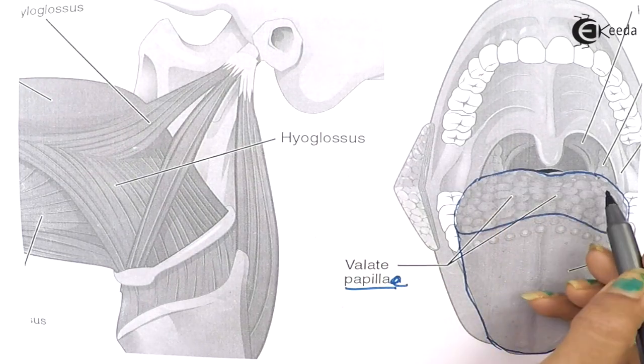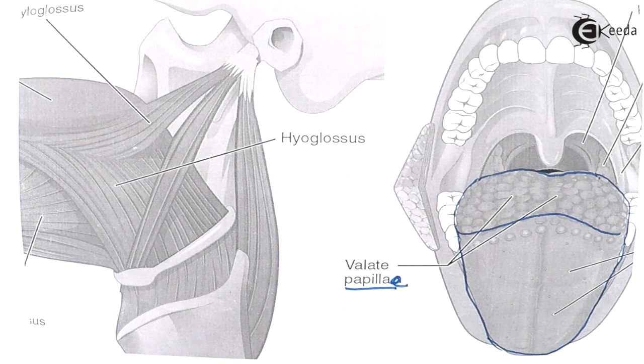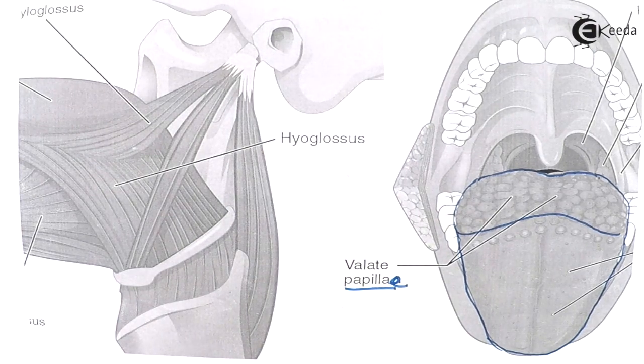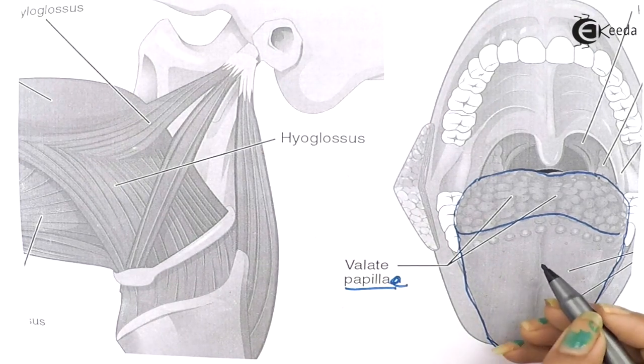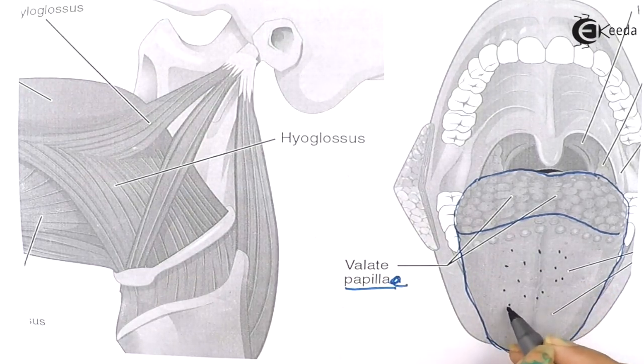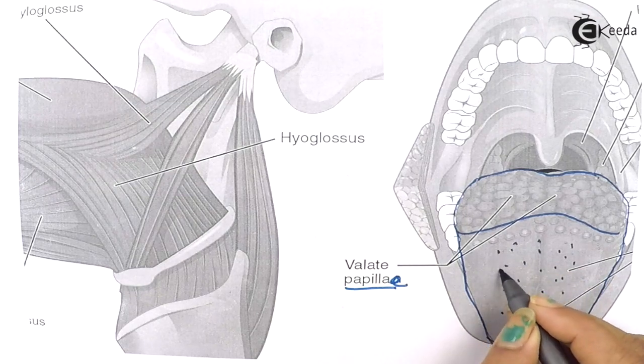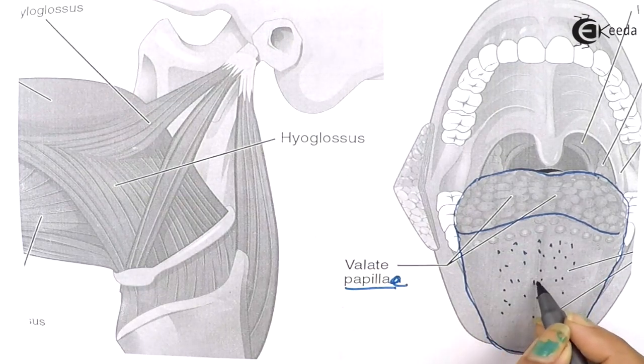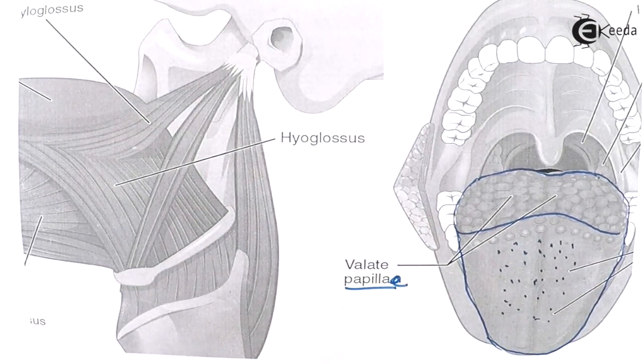So this is Vallate Papillae. Next is Filiform Papillae. Filiform papillae are present in the center of the tongue. Third is Fungiform Papillae. Fungiform papillae are present on the borders of the tongue.